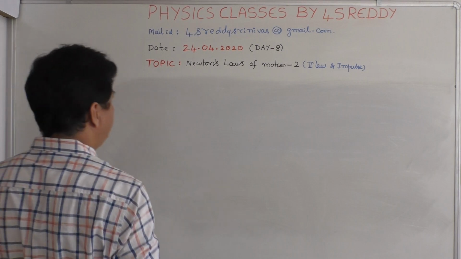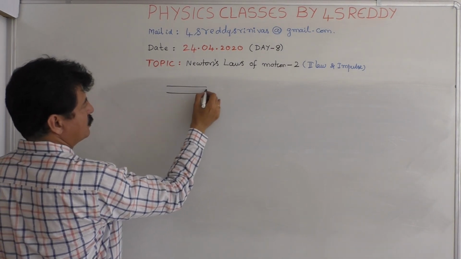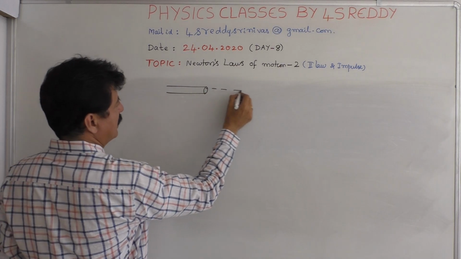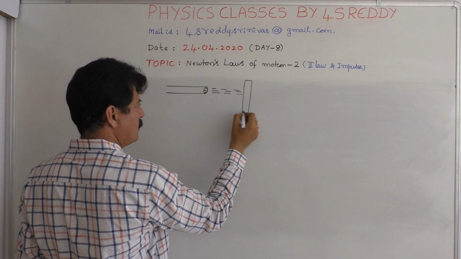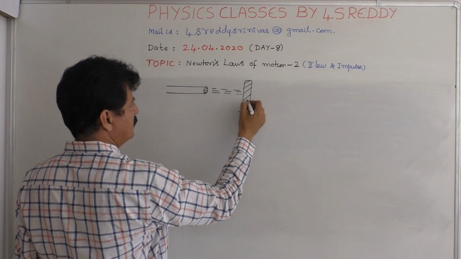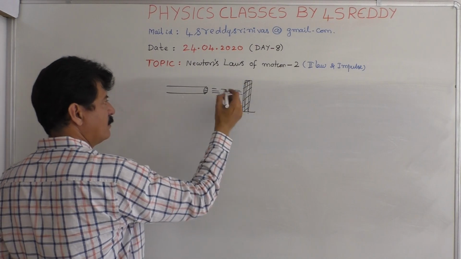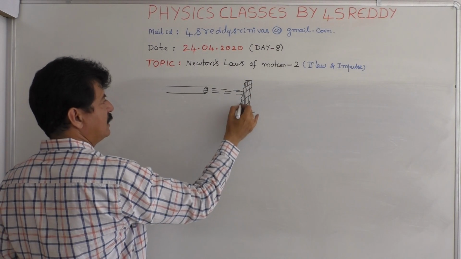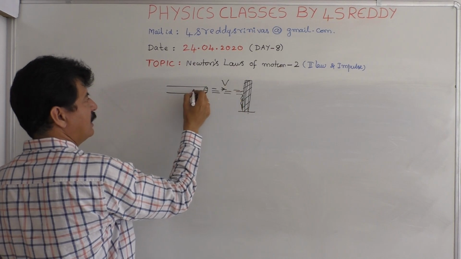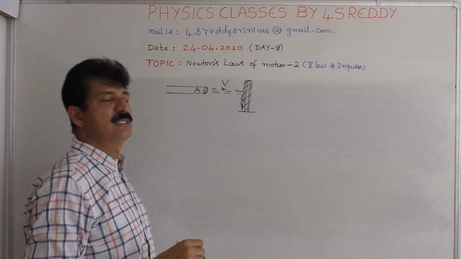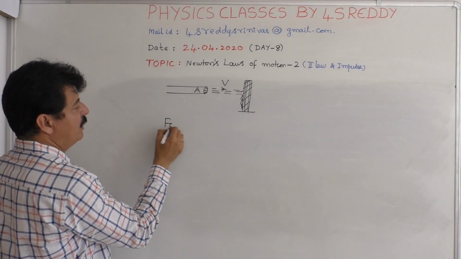This is the hose pipe. Water is coming out from this. This is the wall. It strikes the wall and then slides along it. This water is coming out with the velocity v. This area of cross section is A, let us say.